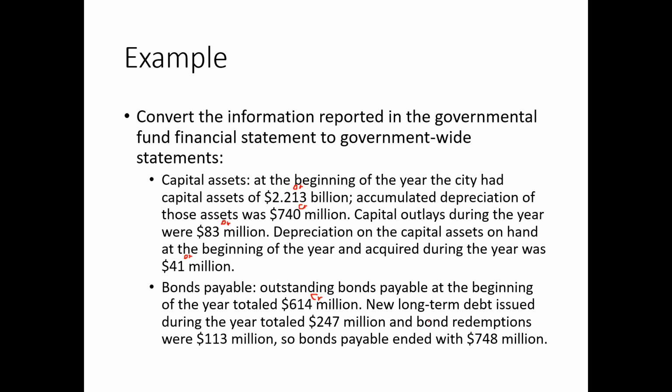And new long-term debt issued was recorded as other financing source. Now we're going to add it back to long-term debt. We credit long-term debt, then debit other financing source.